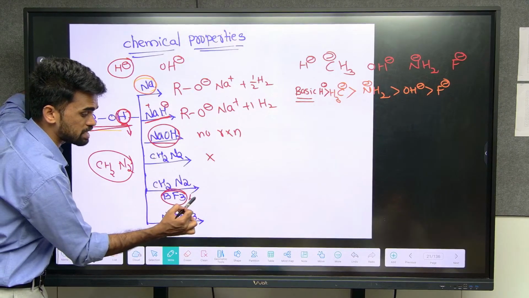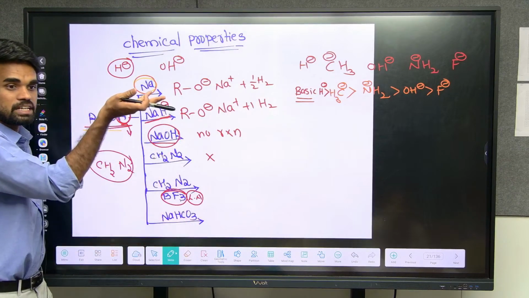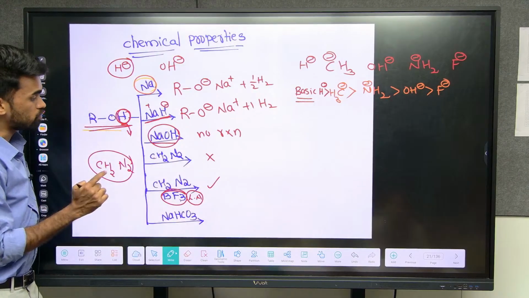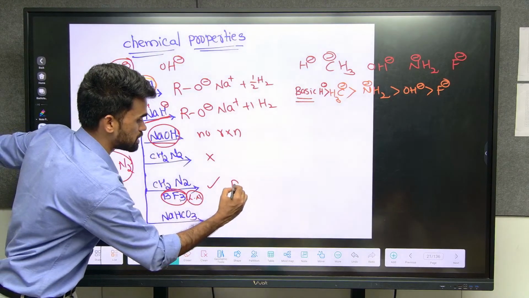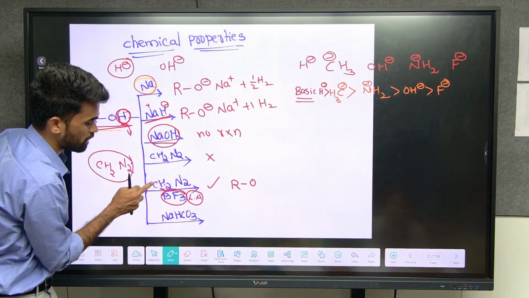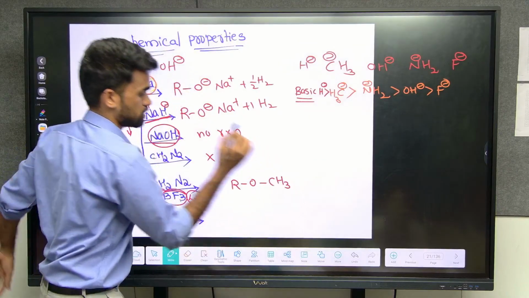BF3 means Lewis acid, no? So the Lewis acid increases the rate of reactivity. Therefore in presence of BF3 the reaction takes place. Now what happens is the R group as it is, O as it is, how many hydrogens are there here? 2, and 1 carbon, and this hydrogen, overall it becomes CH3.